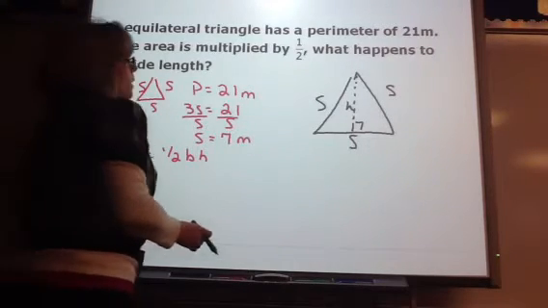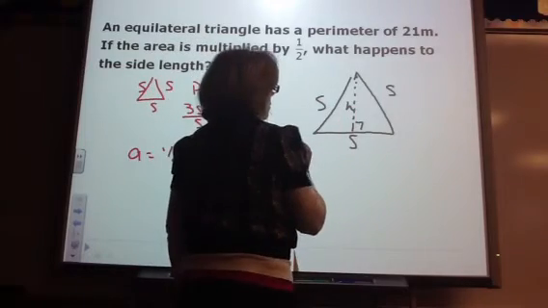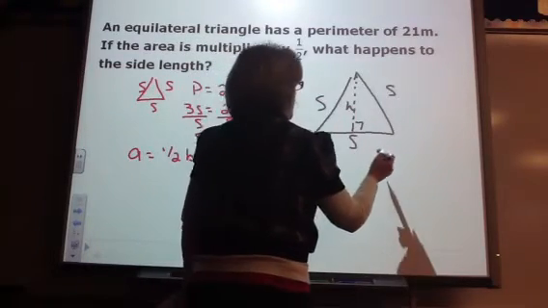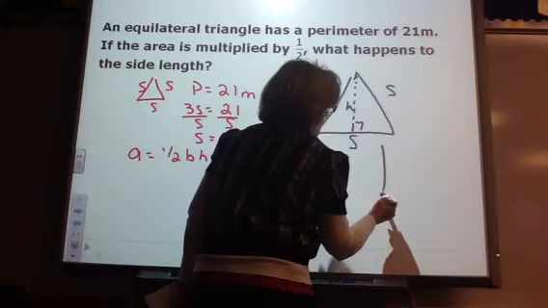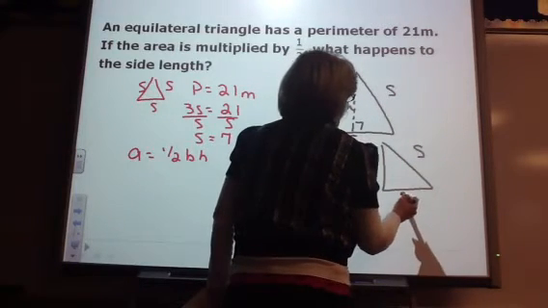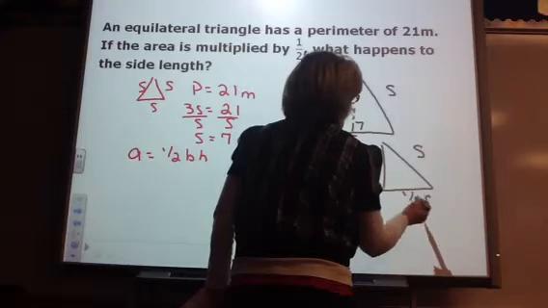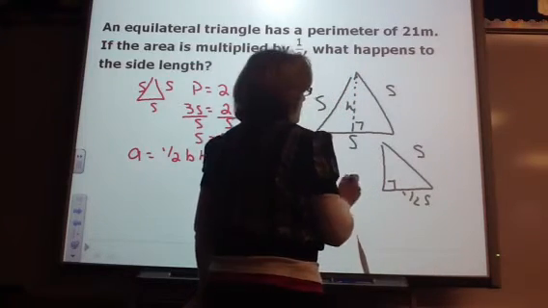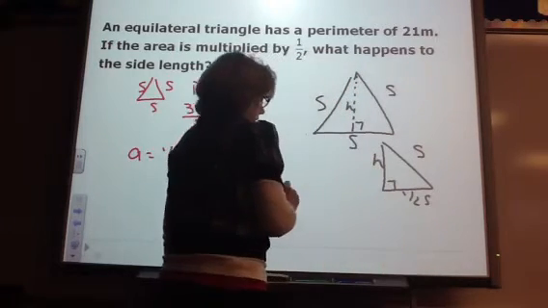Okay, so what we need to do is we need to find out what h is right here. And what we have, I'm going to redraw that, is we have s. This is half of s. This is a right angle, and we need to know what h is.